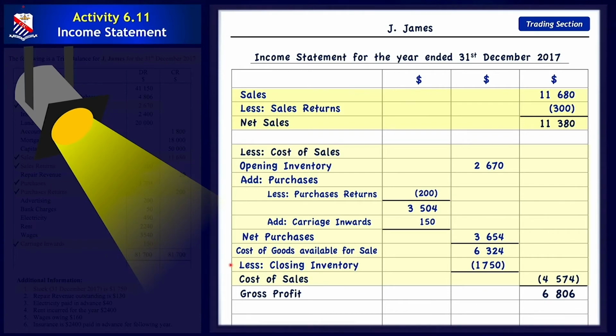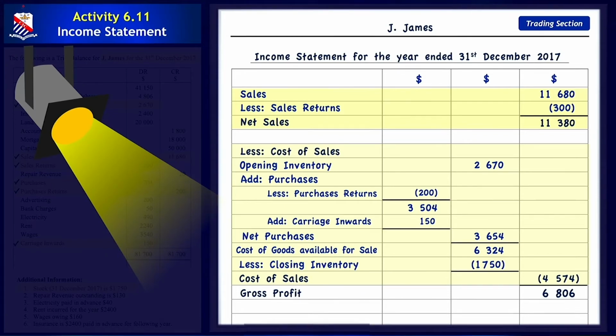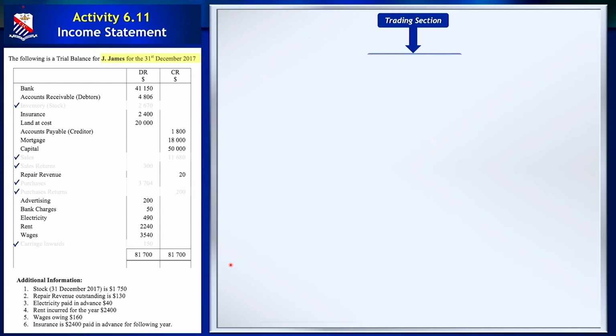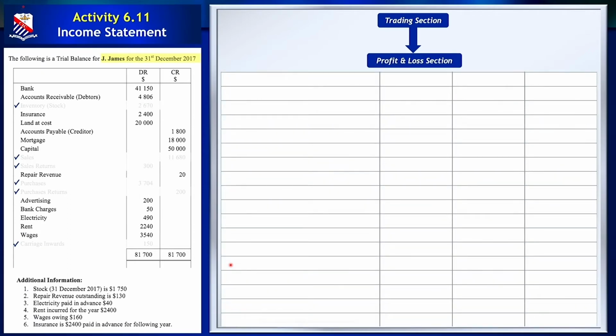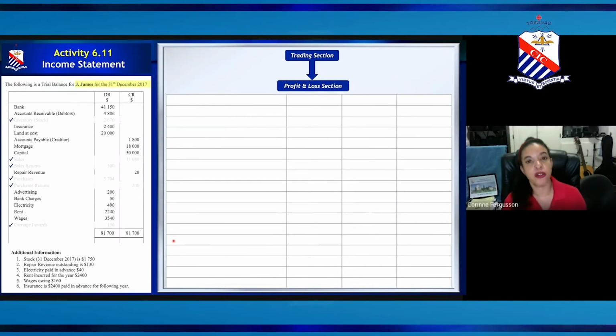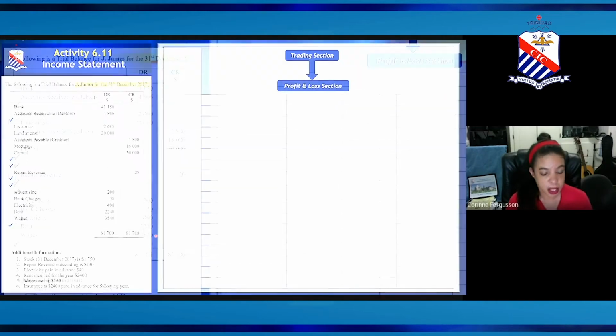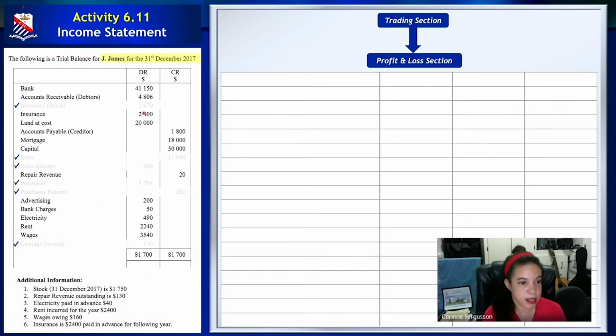So after we have done the first part, which is the trading section, you would see that we now have to go and do the second part, which is known as your profit and loss section. This is where we have our revenue and our expenses, and this is where we deal with our accruals and prepayments. So you would see here over on our trial balance, kind of blocked out all of the things that we have already used.